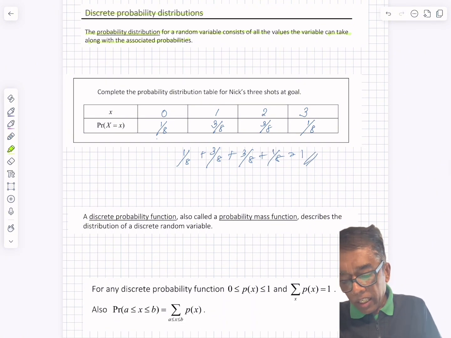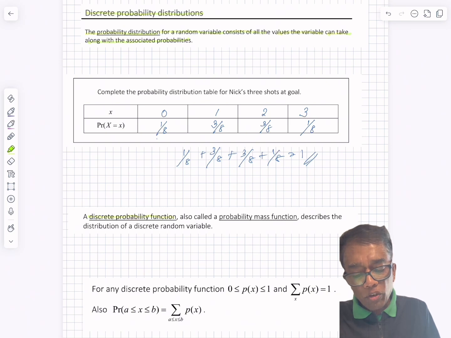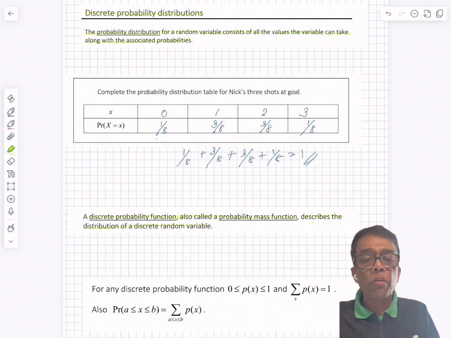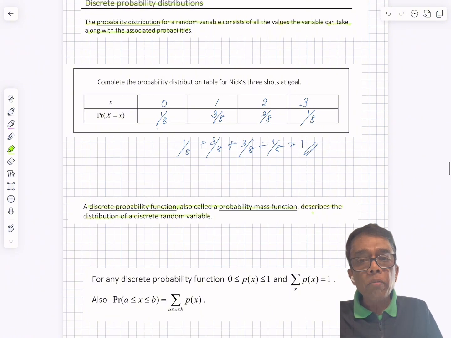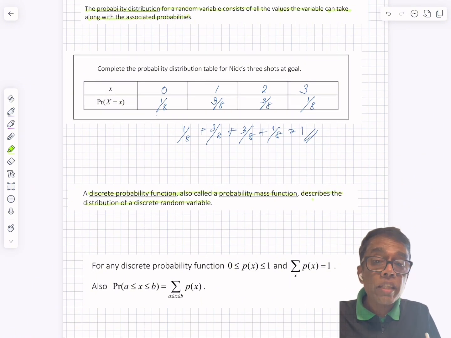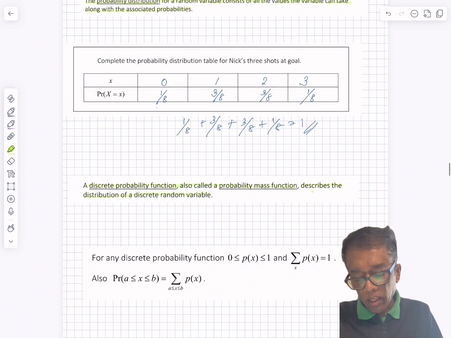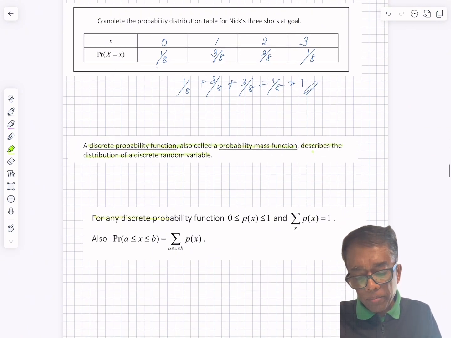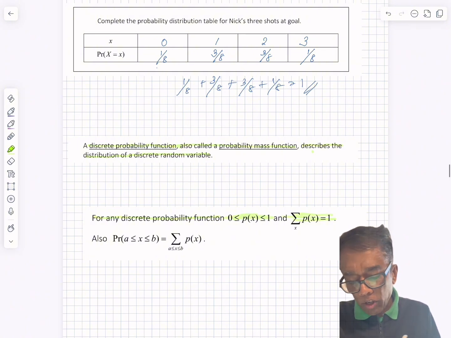A discrete probability function, also called the probability mass function, describes the distribution of a discrete random variable. Here this is the probability mass function. The total probability is equal to 1. For any discrete probability, the probability is between 0 and 1.